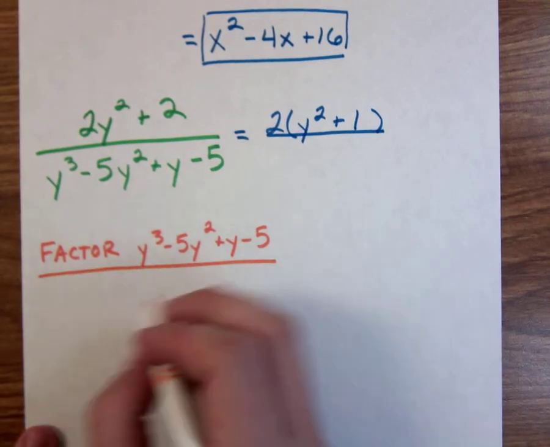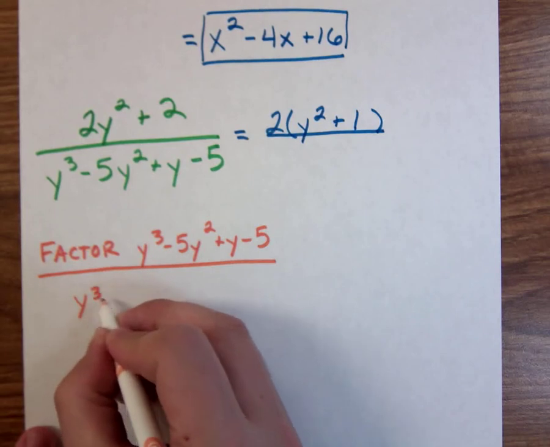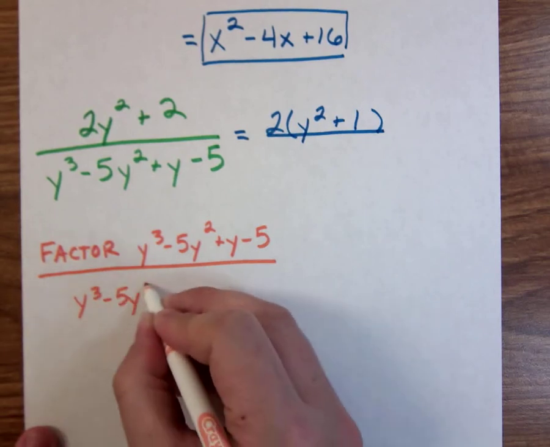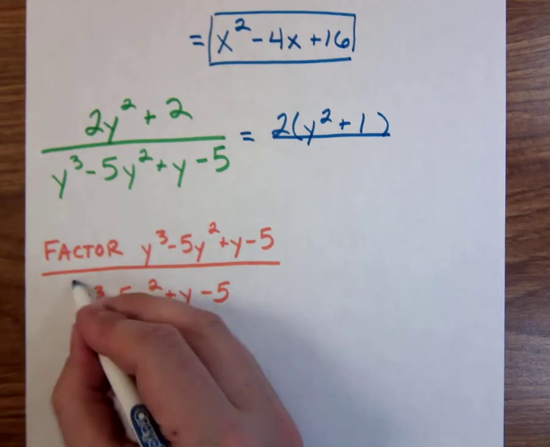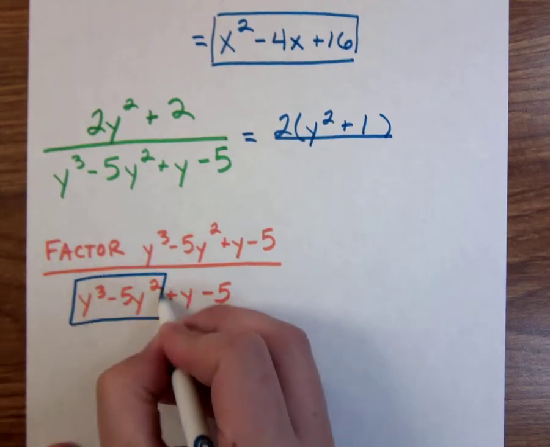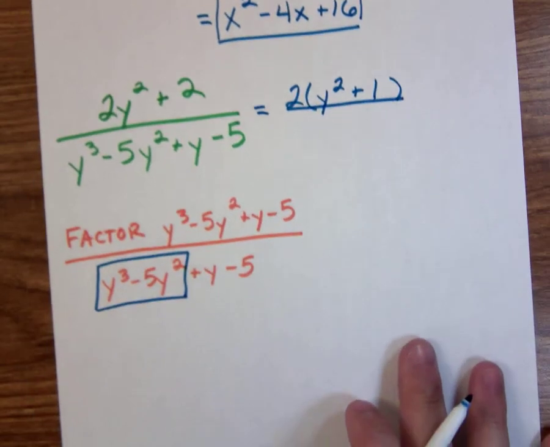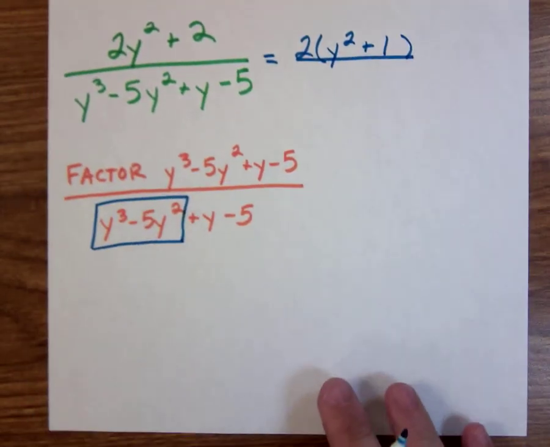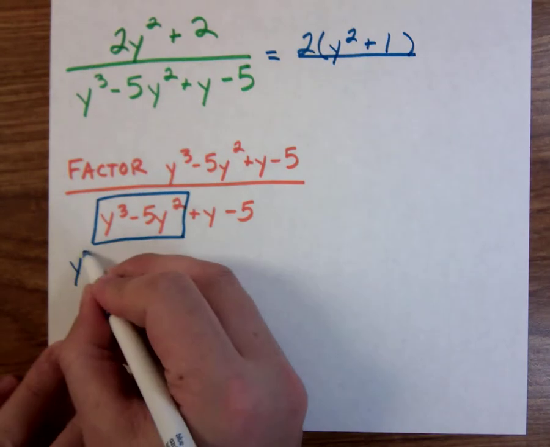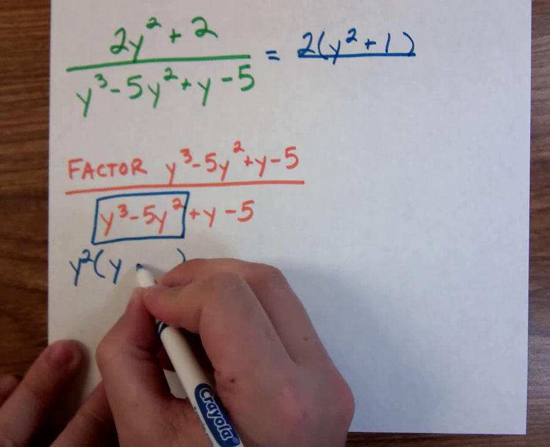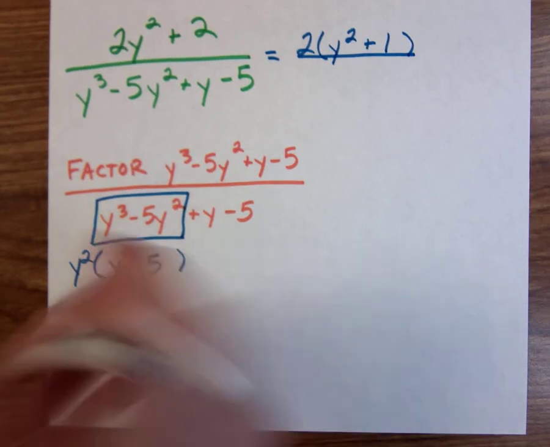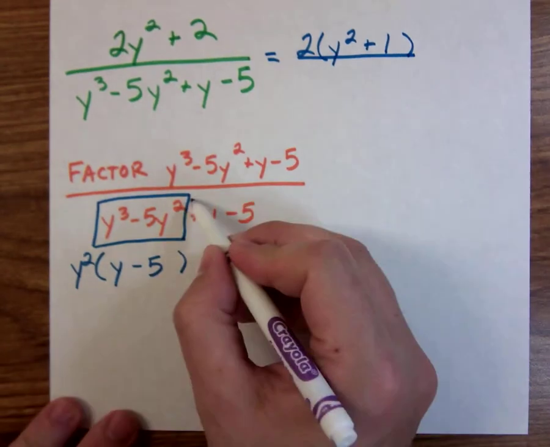Okay, let's group them up. What's the GCF on those two? Y squared, leaving me with, good, y minus 5. And then we'll factor these two.